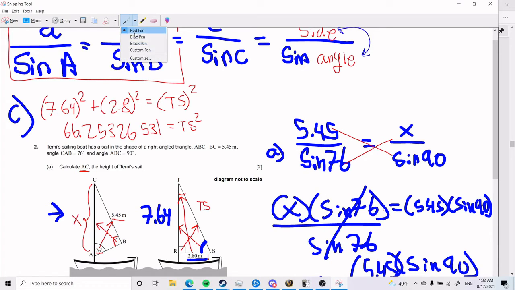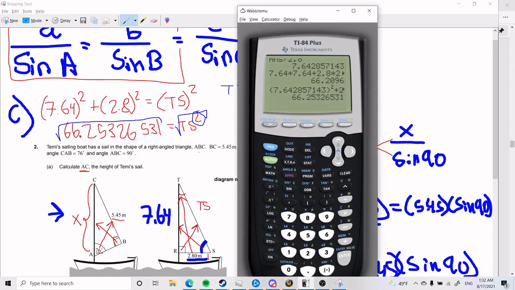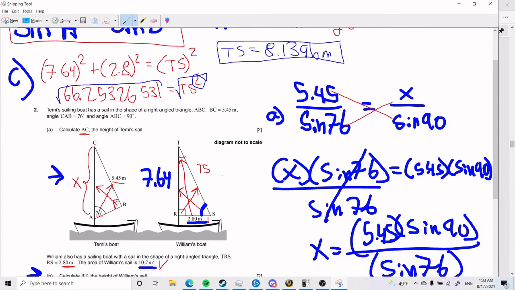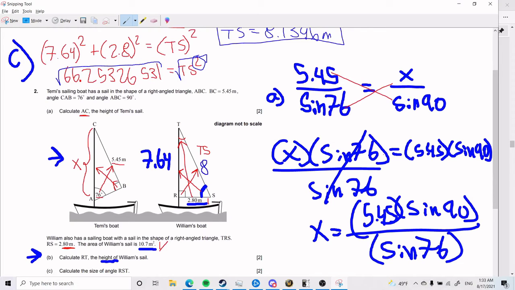So the next step, of course, is to get rid of the squared. So we're going to do a square root to both sides, and we end up with the side TS being the following. Just about 8.1396.